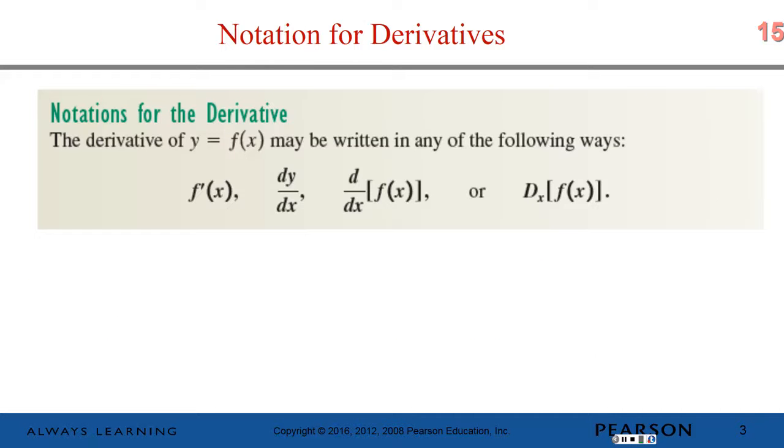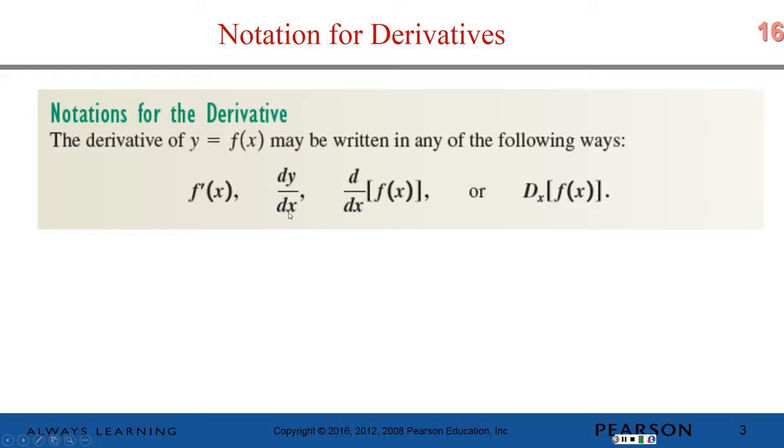One thing I want you to know up front is that the notation for the derivative can be written any of these ways. Okay? This last one sort of makes the most sense because it's taking the derivative with respect to x of some function f of x. This is kind of the notation that the TI-84 calculator uses.